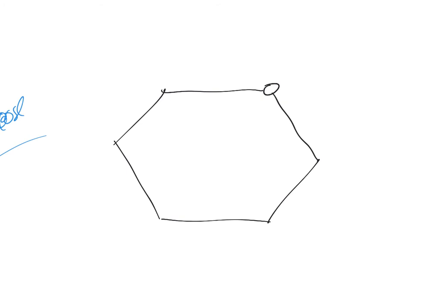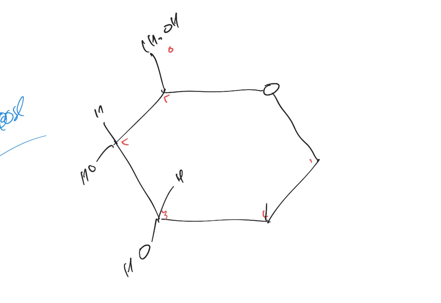Beta. One, two, three, 4, 5, 6. CH2OH. Okay? If you have extra H's, it's fine. You can draw it like that.